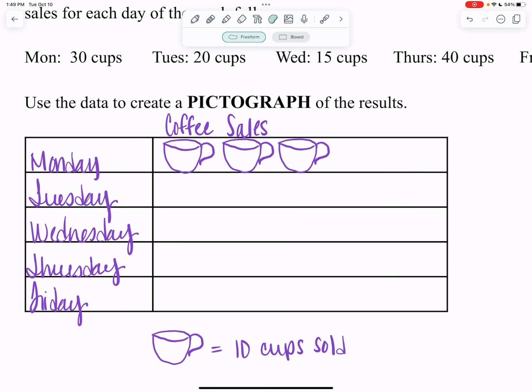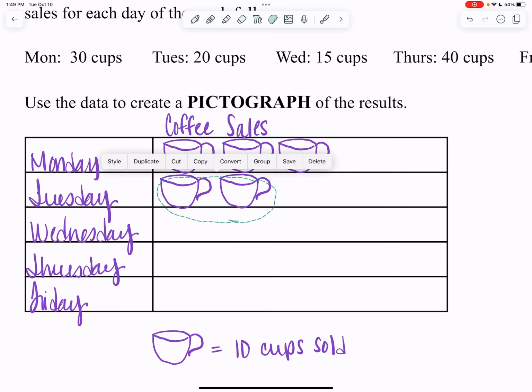Tuesday was 20, so I only need 2. Wednesday was 15, but Miss Graham, we can only draw 10. You do have an eraser, my friends. So if I want 15, I'm going to start out with 2.